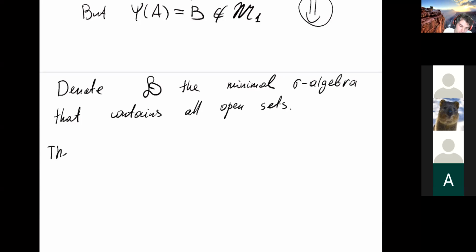And what I want to prove, and I kind of advertised this, is that B is not equal to M1. M1 is bigger. We know that M1 contains all open sets, since any open set is Lebesgue measurable, and because B is minimal, this implies that B is contained in M1. So the question is, is it true that B is equal to M1?